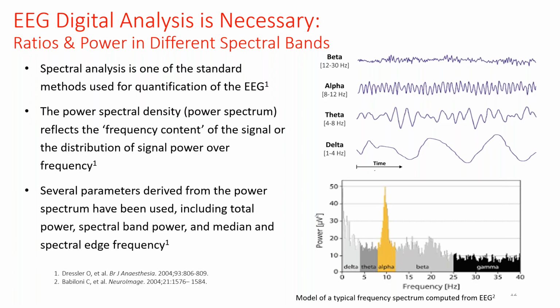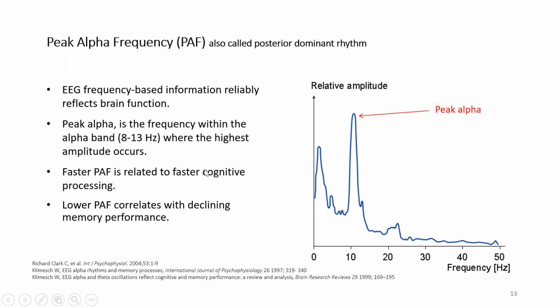So, there are different things besides power spectrum analysis of EEG, but that's kind of the basic entry point to look at the amplitude or the power. And one of the things that we get when you look at that power spectrum is you can see that peak alpha.